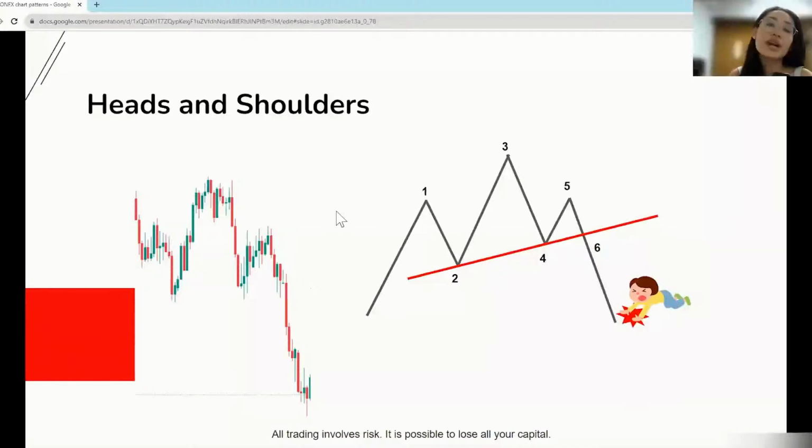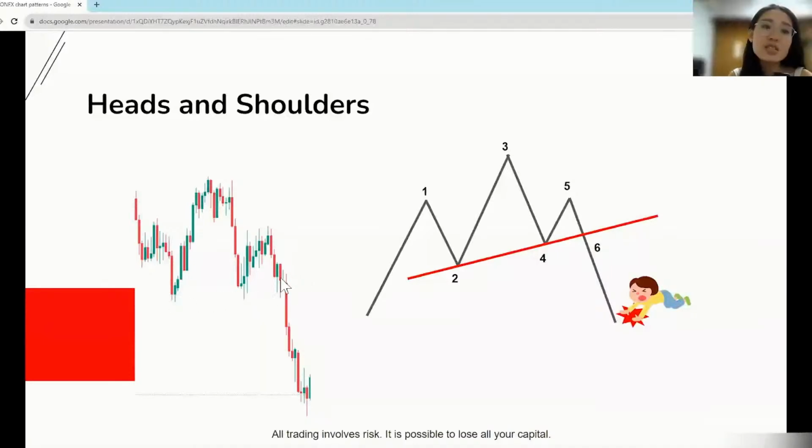Same thing, if you apply this diagram onto our real life example on our candlestick chart, point 1 would be here, point 3 here, and point 5 here. If I were to draw a line, it doesn't have to be horizontal, that extends out connecting these two swing lows, okay?